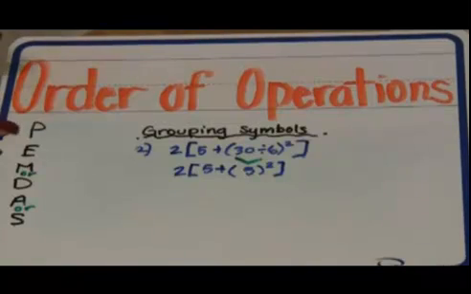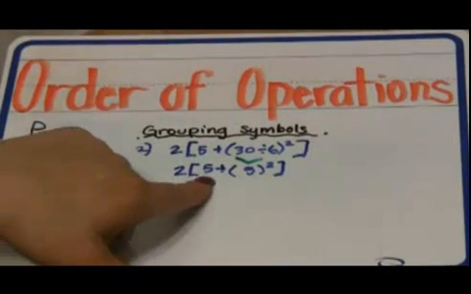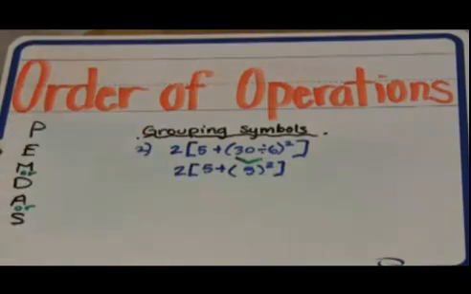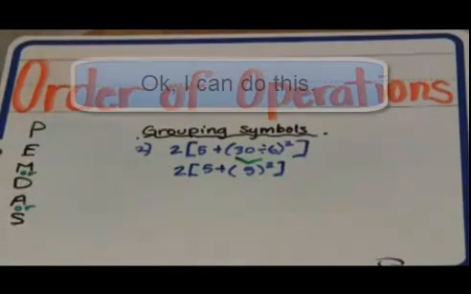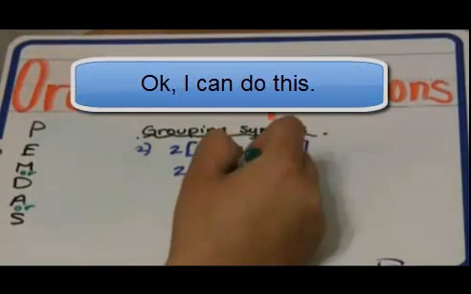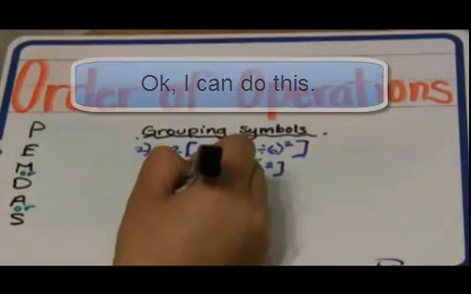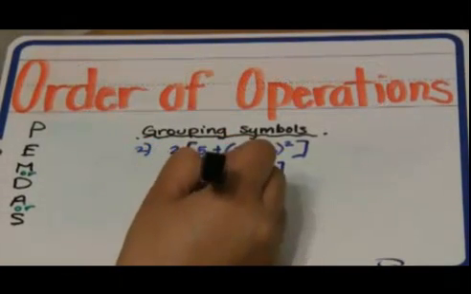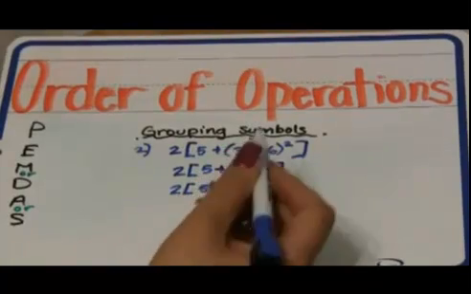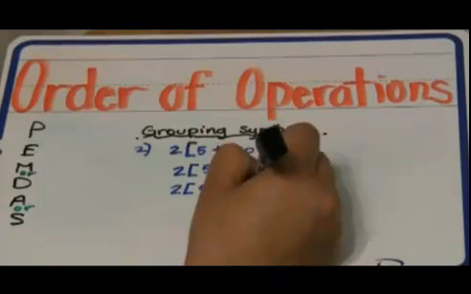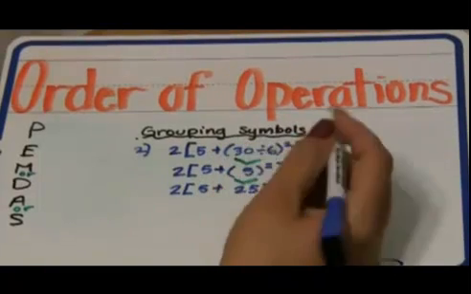Now within that bracket, I'm looking at what's inside of it. I have 5 plus 5 squared. So our square is our exponent. We have to work with our exponent first. I'm going to rewrite this. 2, the bracket 5, plus 5 squared is the same thing as 5 times 5, which equals 25. I close my bracket.